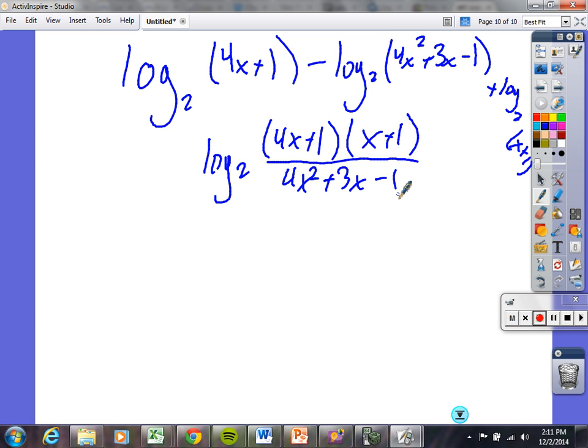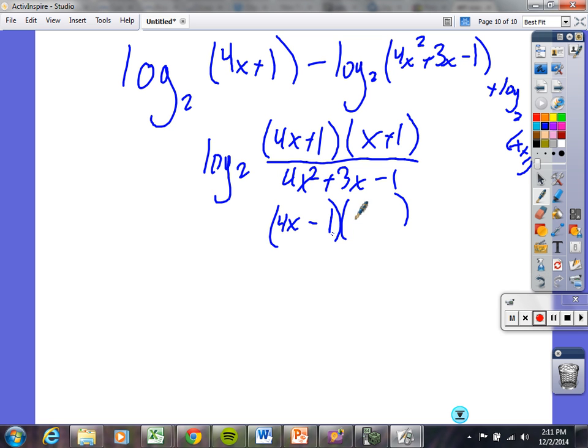Now, me personally, factors of 4, so if they give me a 4 here and a 4 here, there's a good chance that this is 4x. And then this is going to be probably a plus 1. And how do we get to a negative 1? x minus 1. Let's try and make sure. 4x squared minus, ooh, we've got to flip-flop that. We're off just a little bit. This is now a minus.